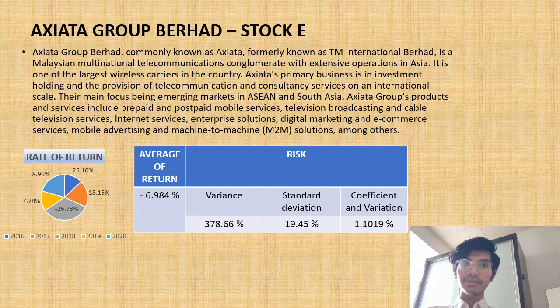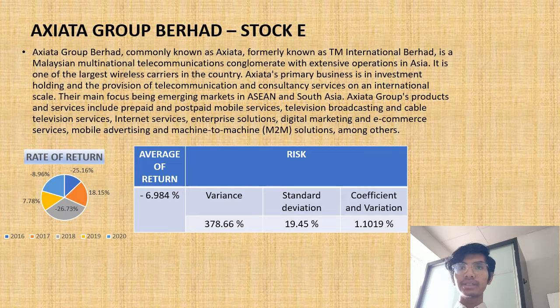Then the next following year, 2019, was 7.78. And the recent 2020, it dropped to negative 8.96%. This resulted in an average of return of negative 6.984%, which is quite low, but it's not bad.